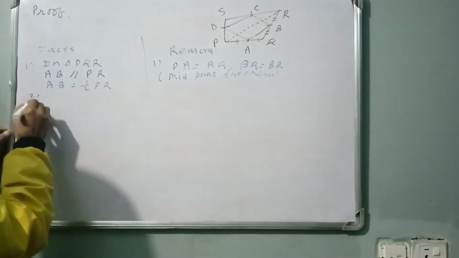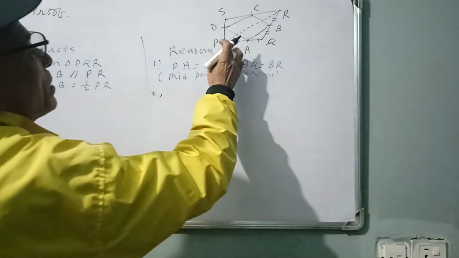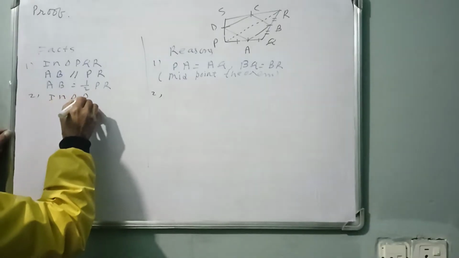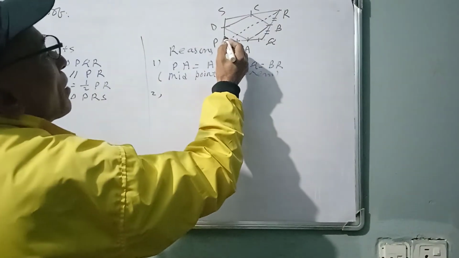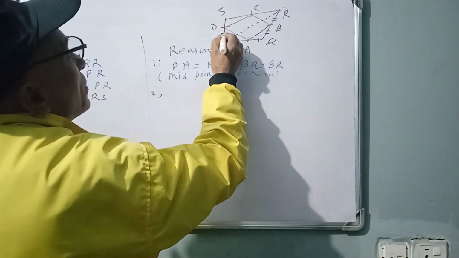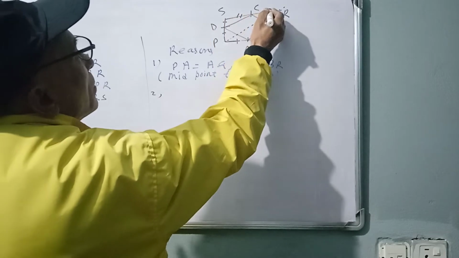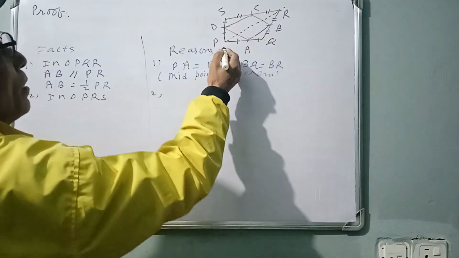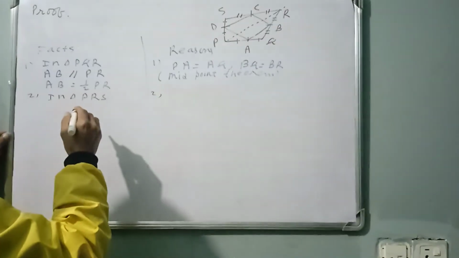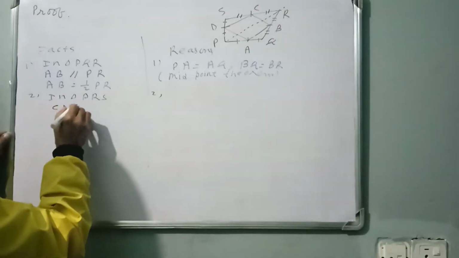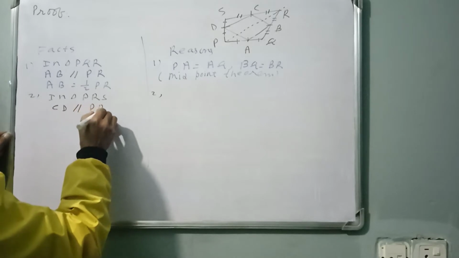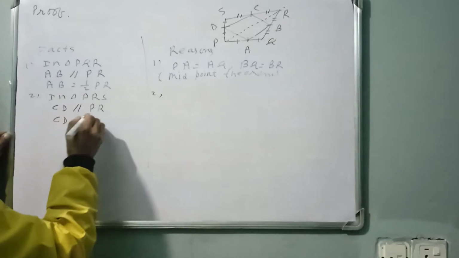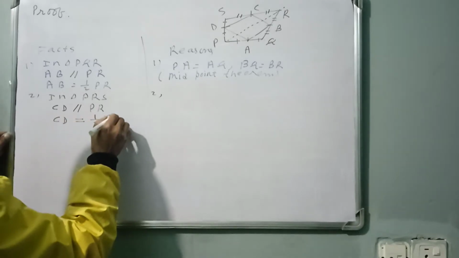In the same way, in triangle PSR or in triangle PRS, these two sides are equal. These two sides are also equal. Then what can you write? CD is parallel to PR, and CD is half of PR.